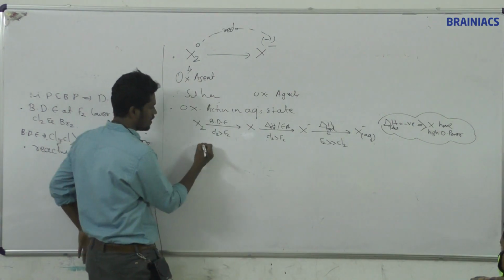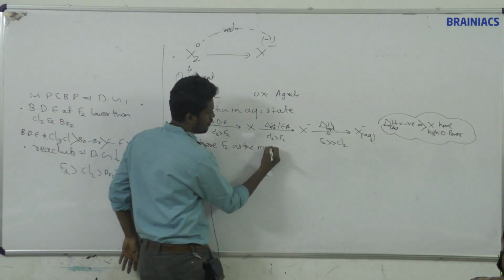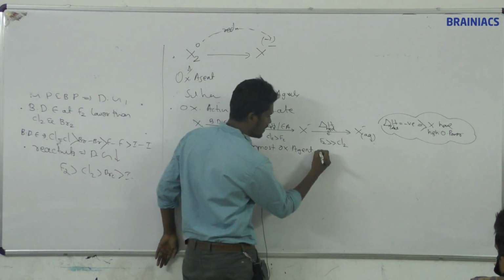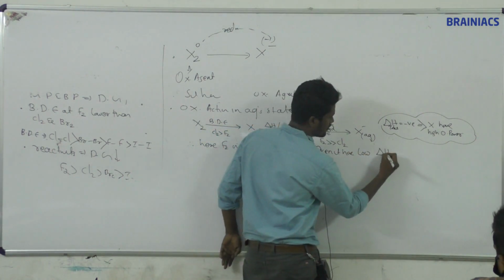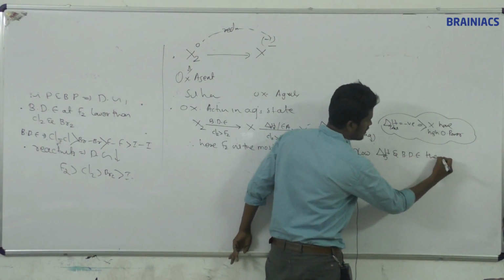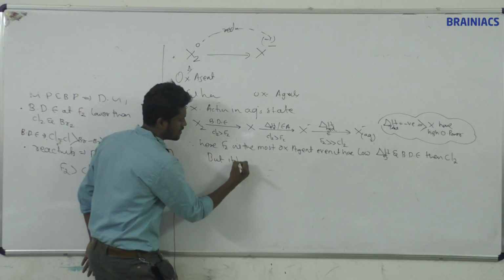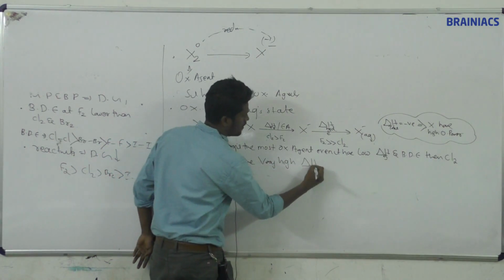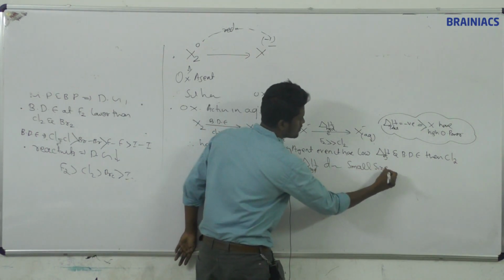Therefore fluorine is the most oxidizing agent, even though it has lower electron gain enthalpy and bond dissociation energy than Cl2, because it has a very high enthalpy of hydration due to its small size.